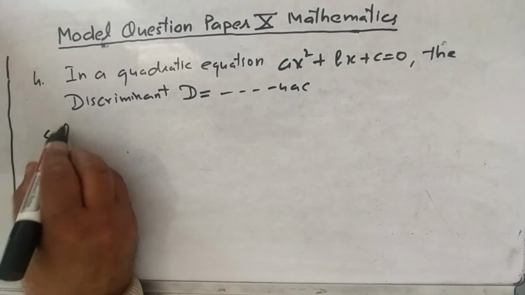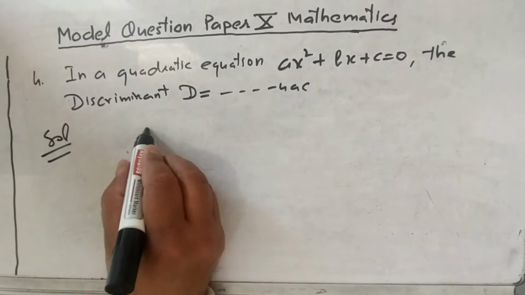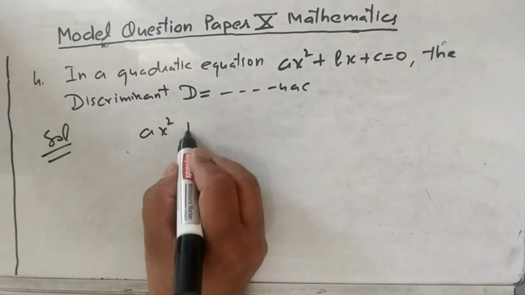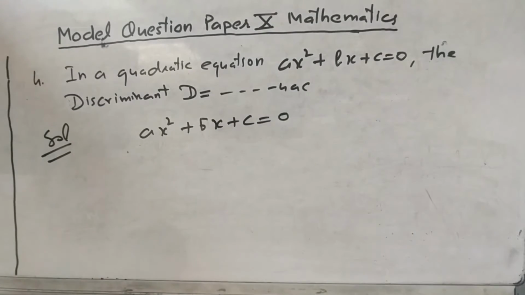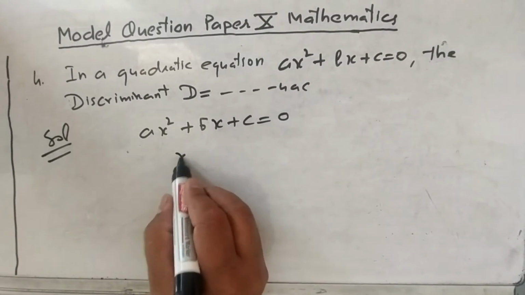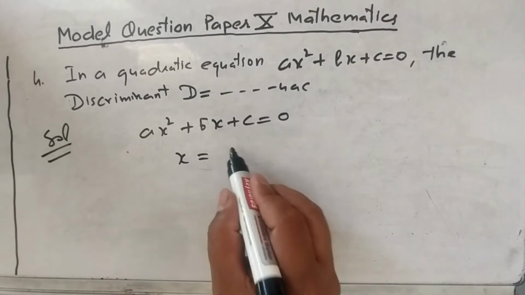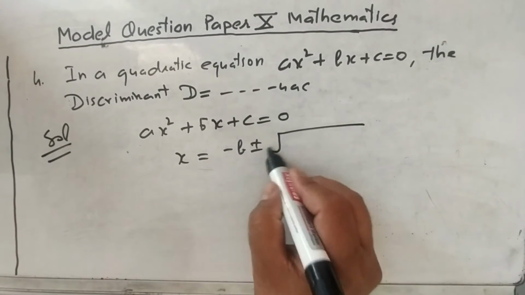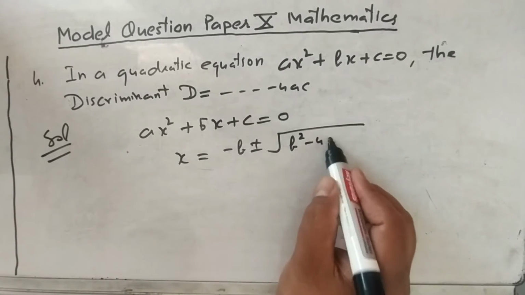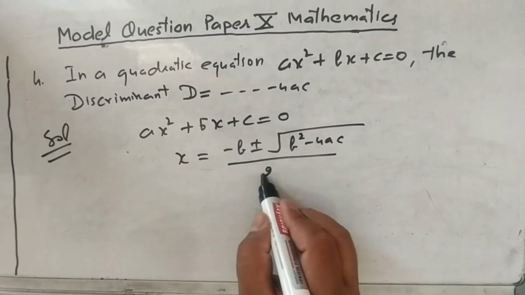So children, let us start with this question. Suppose you have an equation like this, ax square plus bx plus c is equal to 0. Now, you have a formula to find x, that is minus b plus minus square root of b square minus 4ac upon 2a.